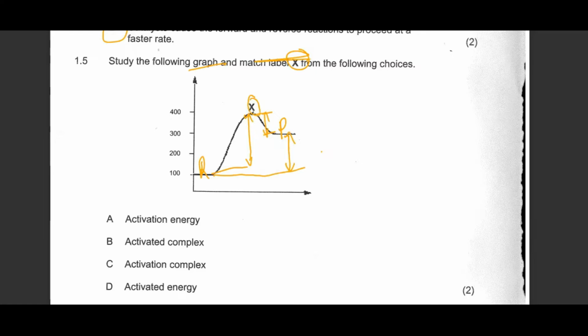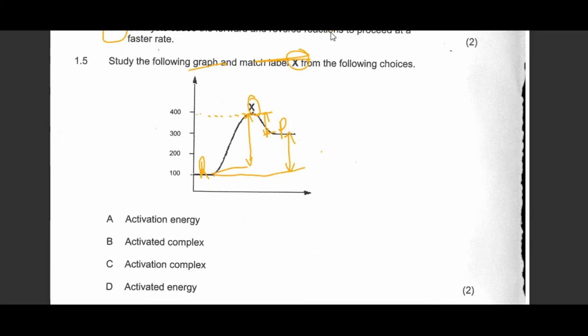Because it is at the activation energy, which is on top here, if I draw a line touching the y-axis, what is this? This is a species. It is a complex, a species which is in transition. So it's not yet products, and it's not yet reactants.